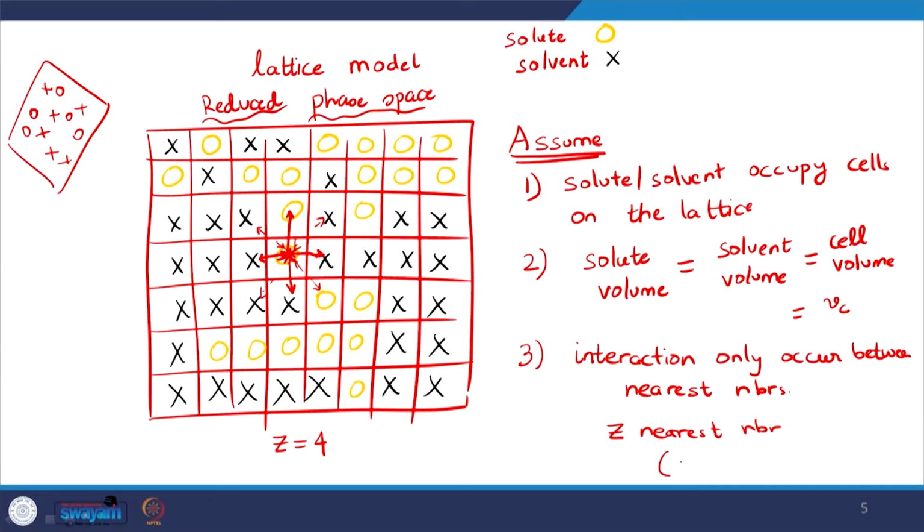So, while doing that, essentially what we are capturing is only the short range interactions. If the molecules or particles have, say, only van der Waals interactions, the van der Waals are rather short range. They exist only over a small distance. So, molecules which are far enough away are anyway going to have less influence.